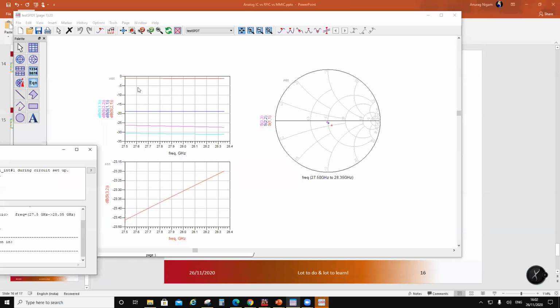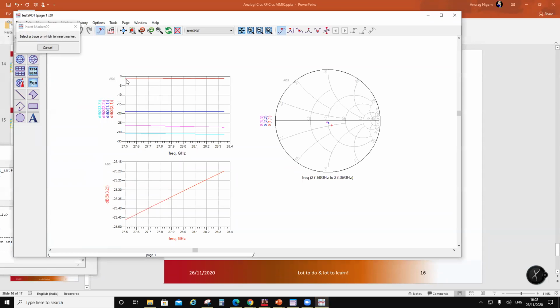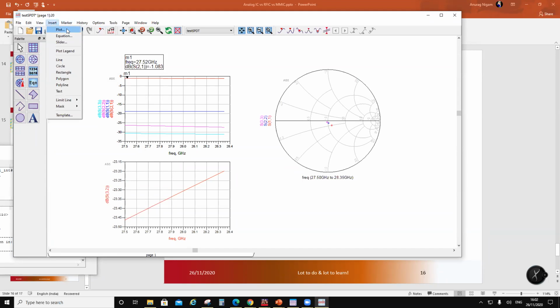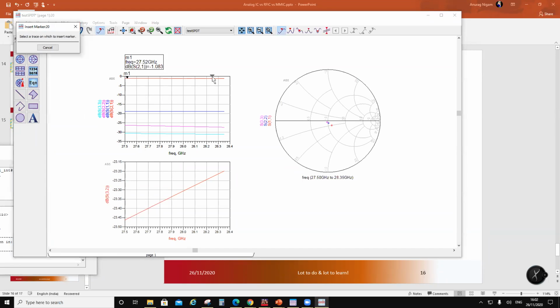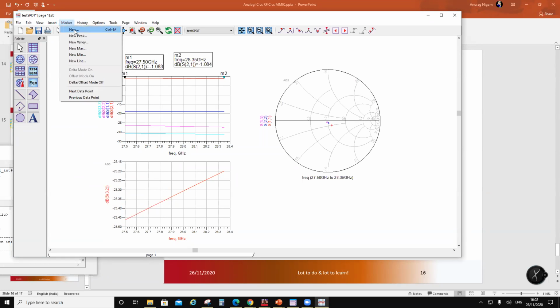Okay, so now I am seeing an insertion loss of 1 dB. So I'm seeing an insertion loss of roughly 1 dB across. And the worst case return loss I'm seeing as 18.